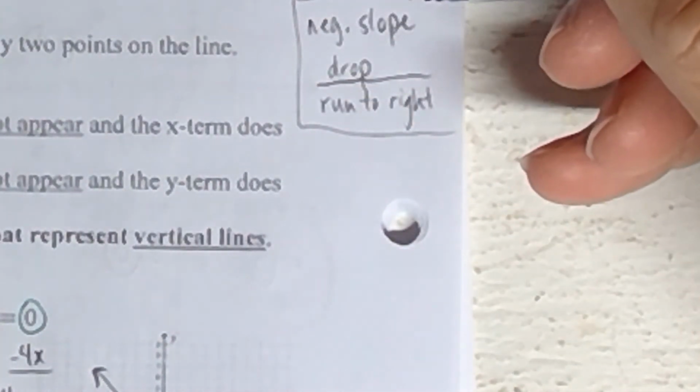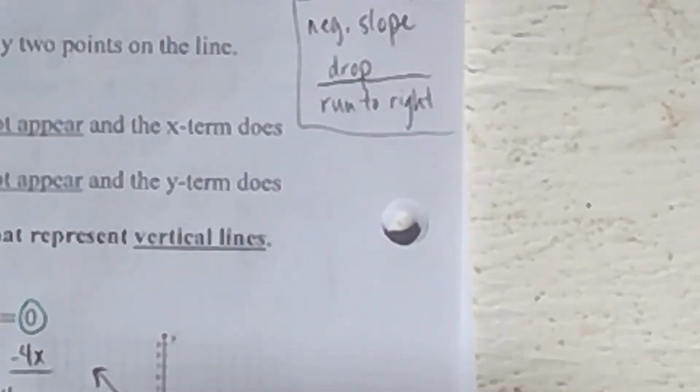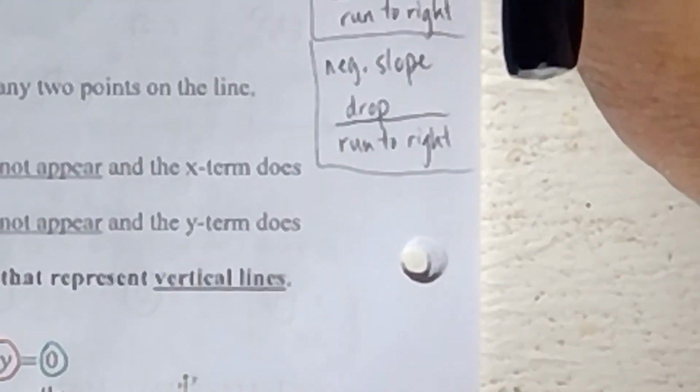Okay, a zero slope, and let's just review fractions and how they relate to zeros for just a moment. Okay, I'm going to pull out a piece of scratch paper here. You don't have to write any of this down.